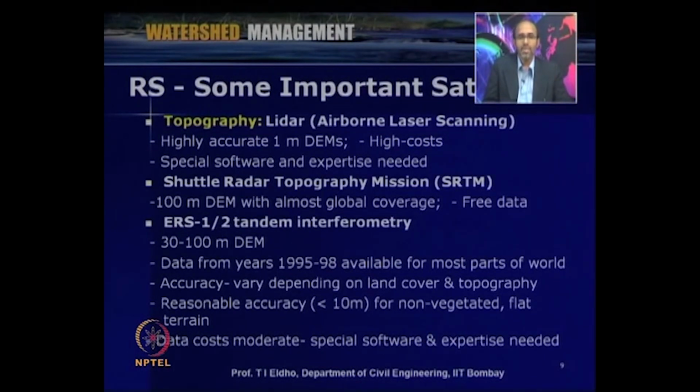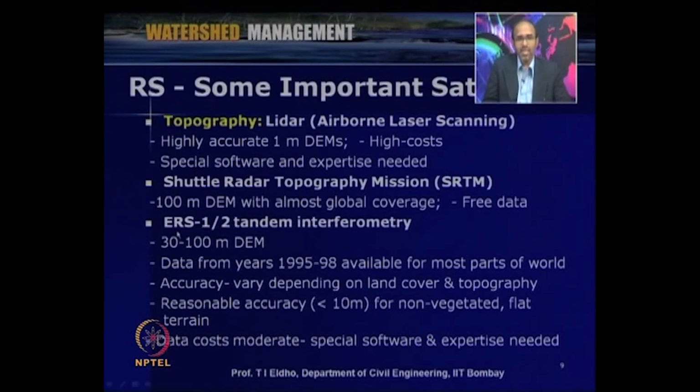It is very coarse data of 100 meter resolution, but it is free data. For hydrological purposes or watershed management purposes, we can even utilize this data, and though the resolution is very coarse, in many applications this SRTM data can be used.